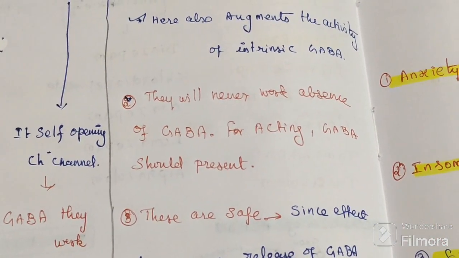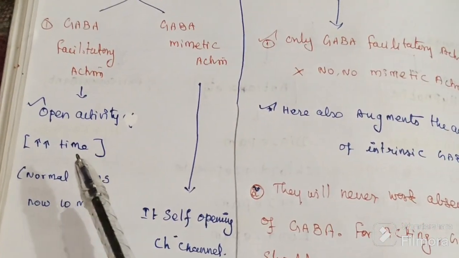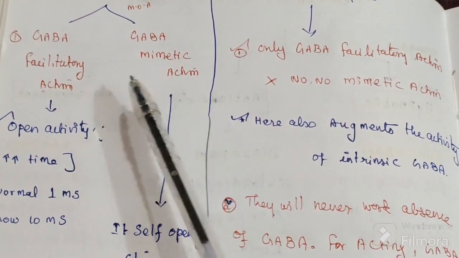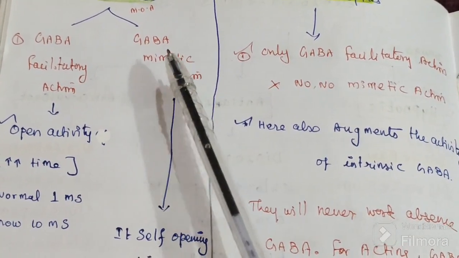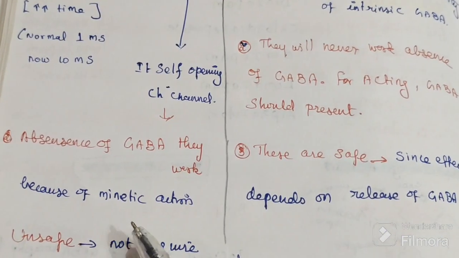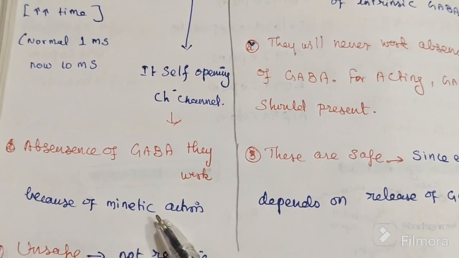They never work in the absence of GABA. What is the meaning of this? In barbiturates, even without GABA, they are involved in this reaction through the mimetic action.